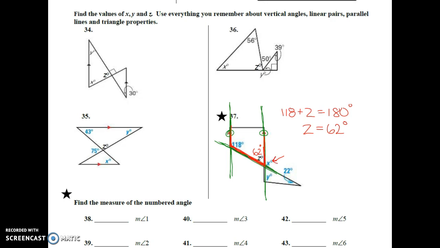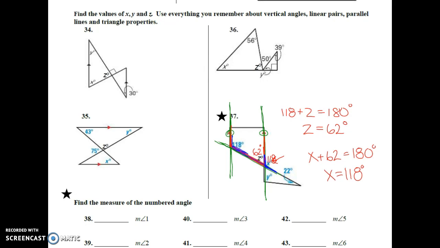And so I know that x plus 62 also has to equal 180 degrees. So x equals 118. And then I noticed, oh yeah, that was the same as that one. And if I look closer, those two are actually corresponding, so it makes sense that those are both 118 degrees.